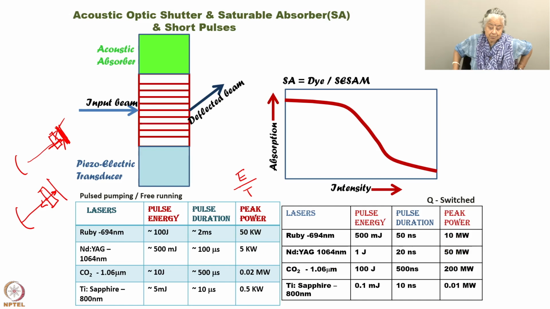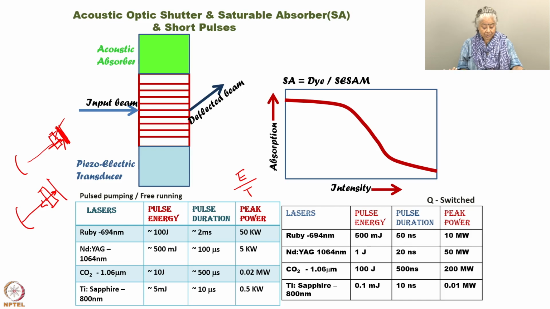You get very high peak power, and the whole world is just crazy about getting more energy, a higher peak power, a shorter pulse, and the endeavor just goes on and on until in 2023 the Nobel Prize, as I have said before, went to the person who invented the attosecond laser.